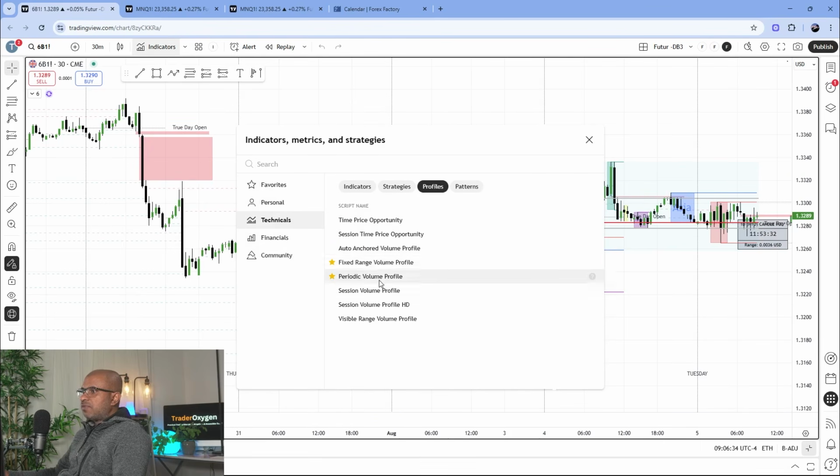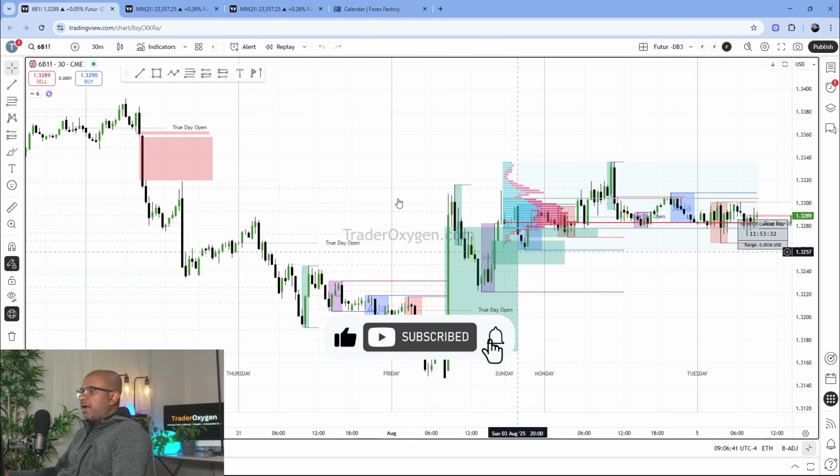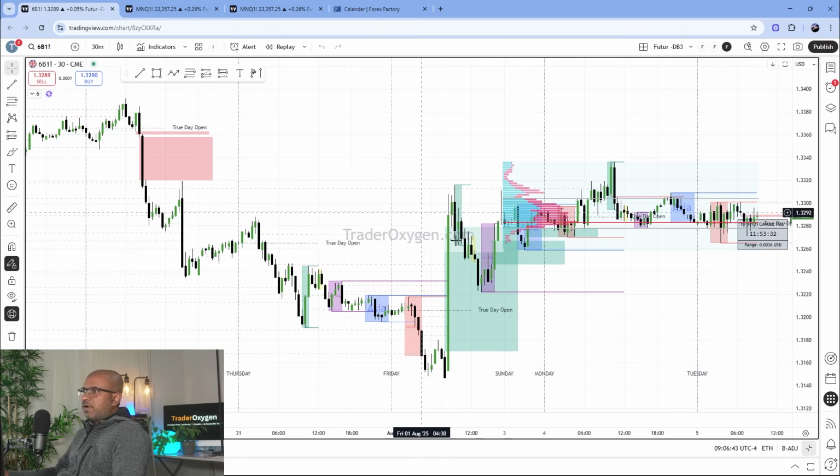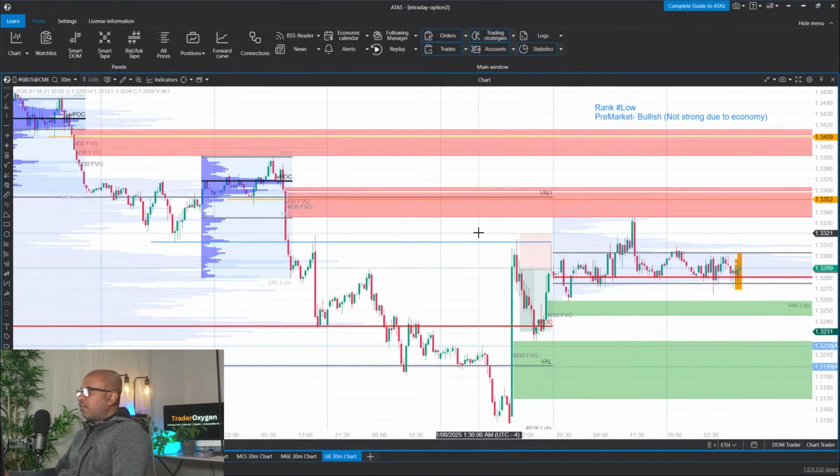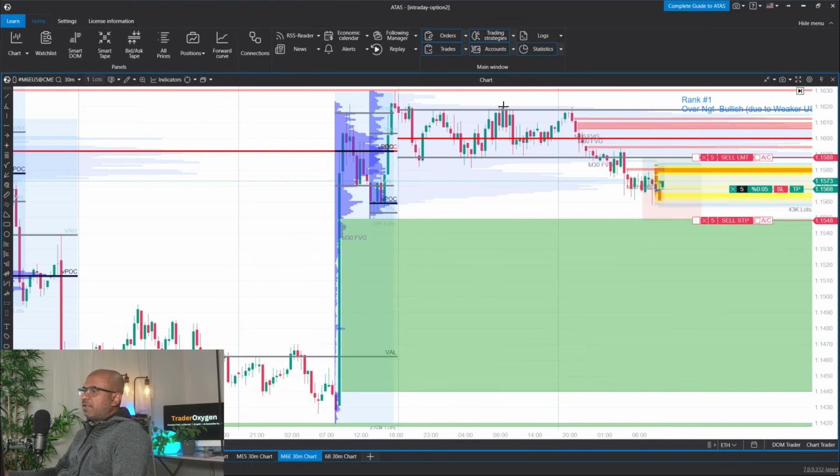You have fixed range profile, periodic volume profile. But compared to TradingView features, when it comes to volume profile and order flow analysis, the ATAS platform has more powerful features, because ATAS is more focused on volume profile and order flow analysis. Its strength is that, right?